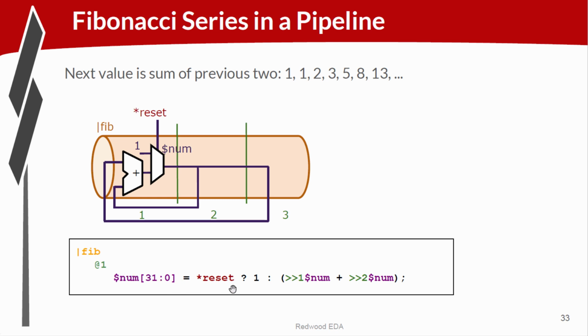The rest of it is just flops, which are, in a timing abstract sense, not logic. Okay, and this is absolutely identical to what we did before. It's just that before we weren't explicit about the pipeline. Everything in TL Verilog is in a pipeline. So even though we weren't explicit about the pipeline, the logic existed in a default pipeline in the default stage 0 of that default pipeline.